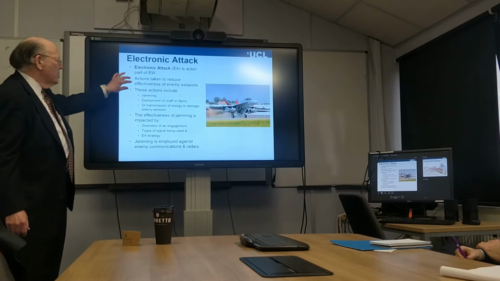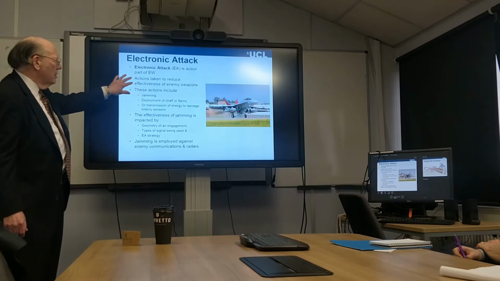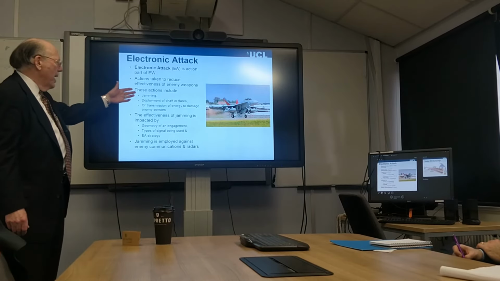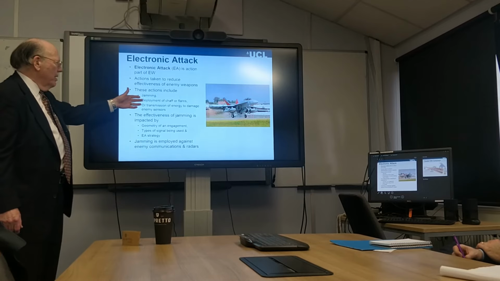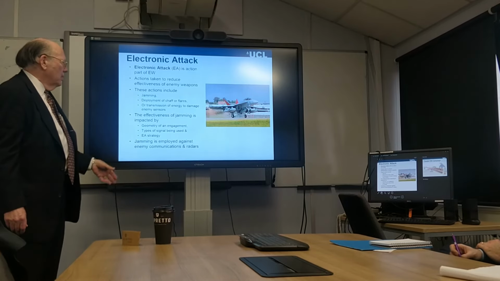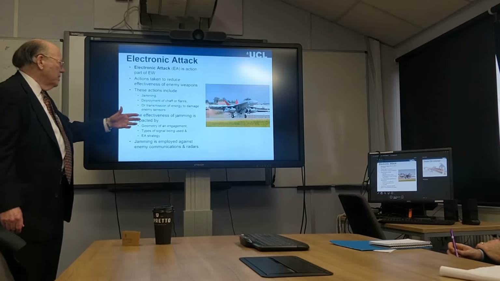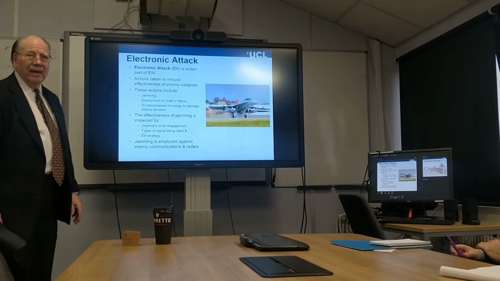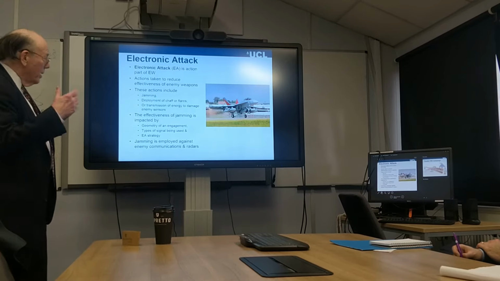Those are actions taken to reduce an enemy's effectiveness, and they can include jamming, deployment of chaff or flares, and transmission of energy to damage enemy sensors. It can also use kinetic energy weapons like anti-radiation missiles.